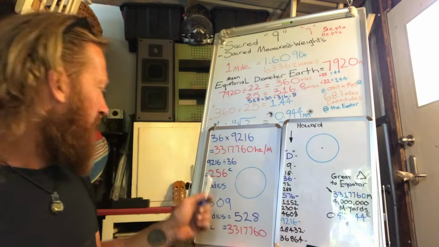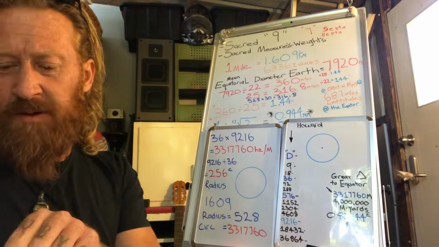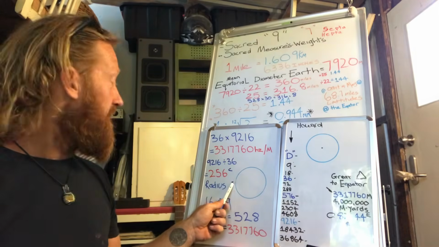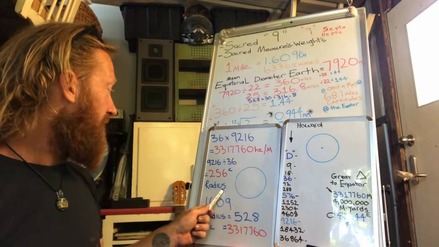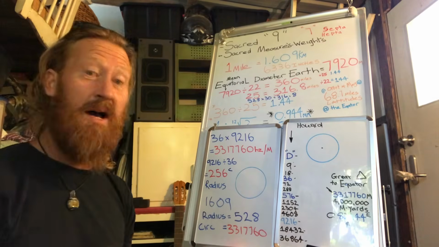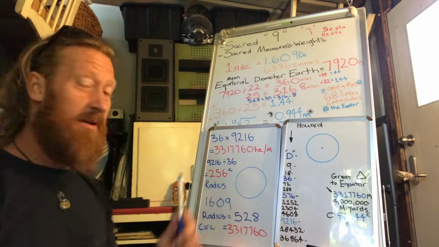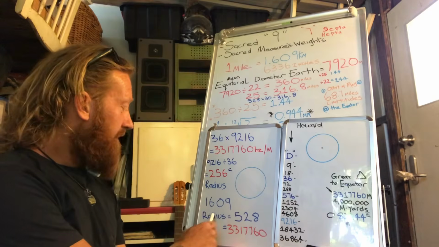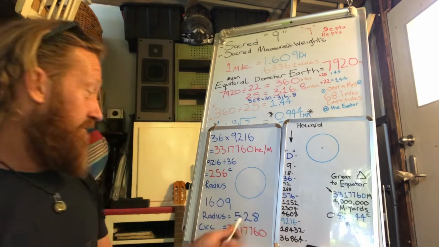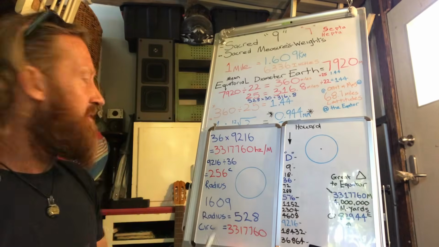Before I forget, we've got to quickly show that when the radius is 256 C, the circumference is 1609. Right? Amazing. So then we also realise that when we take the radius of 528, everyone knows that number in the spiritual world, don't we?